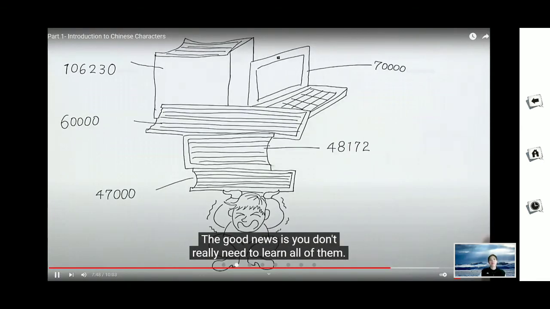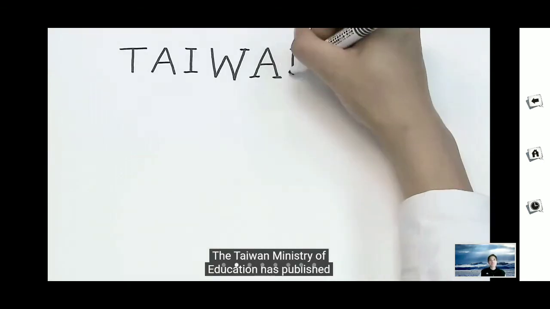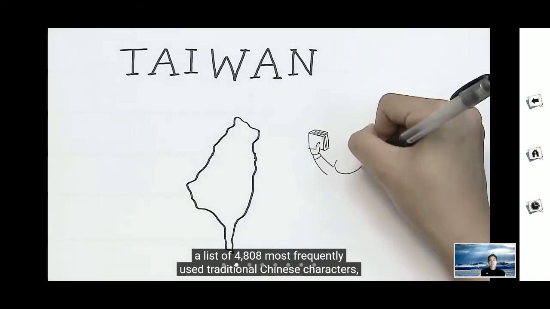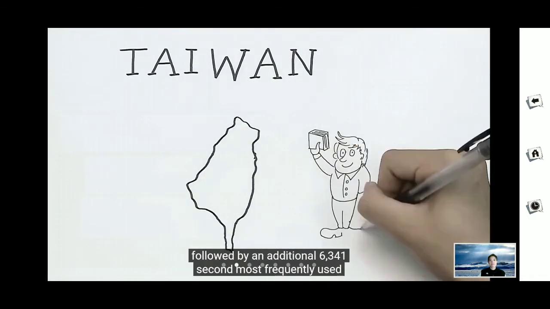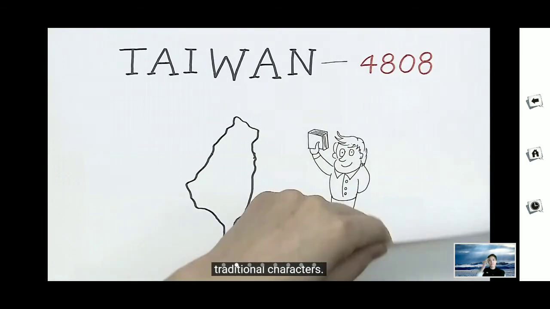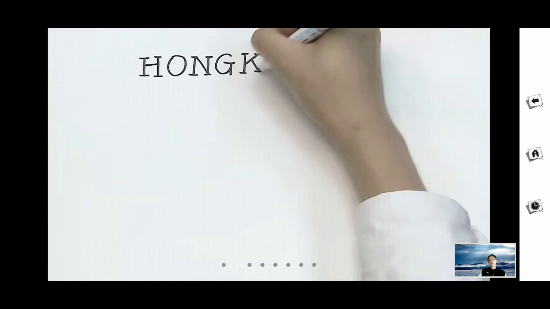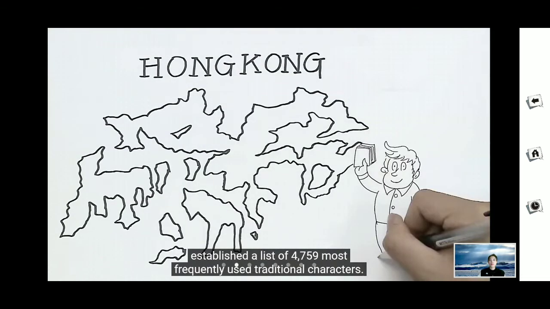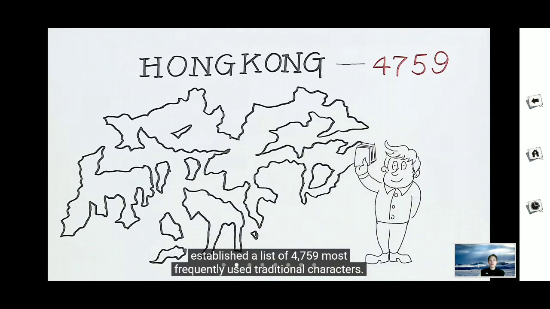The Taiwan Ministry of Education has published a list of 4,808 most frequently used traditional Chinese characters, followed by an additional 6,341 second most frequently used traditional characters. In Hong Kong, the Education and Manpower Bureau established a list of 4,759 most frequently used traditional characters.